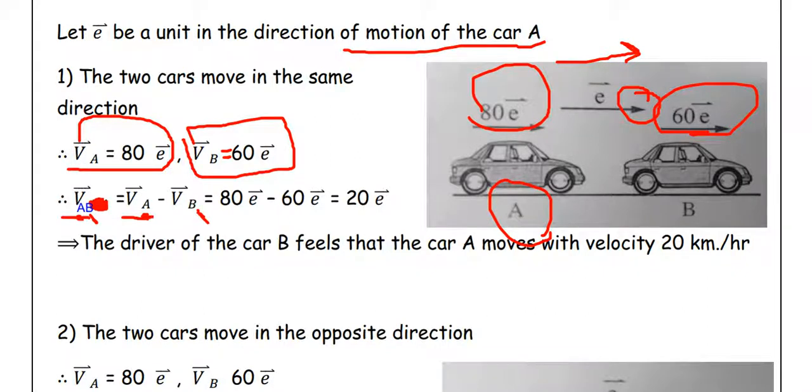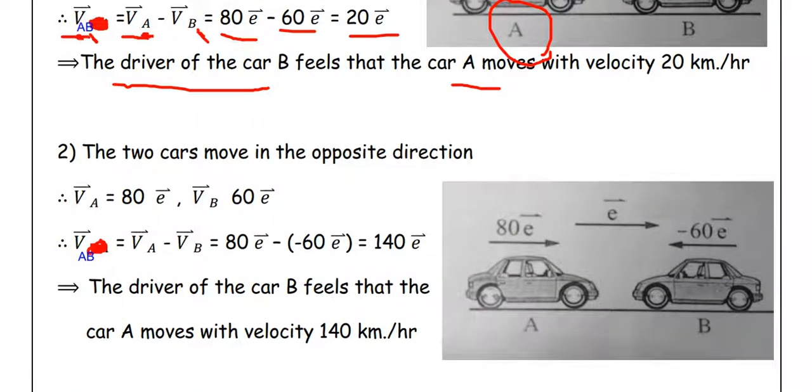So VAB equals VA minus VB. So 80E minus 60E is 20E. So the driver of the car B feels that the car A moves with velocity 20 km per hour.